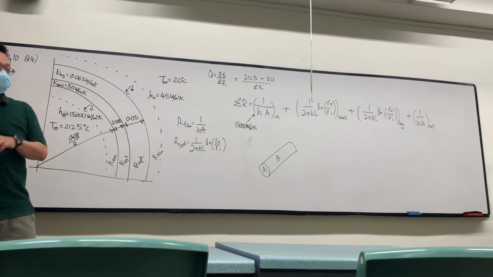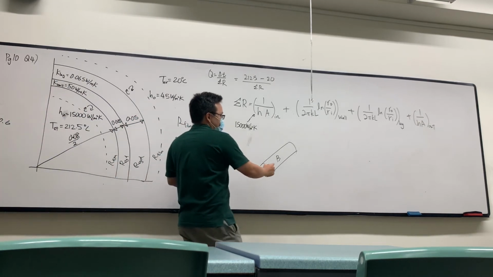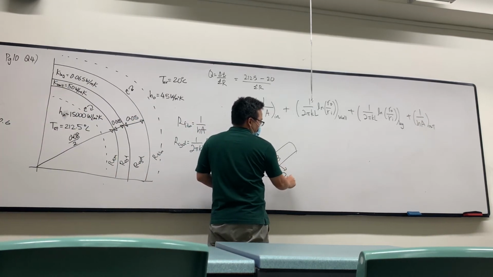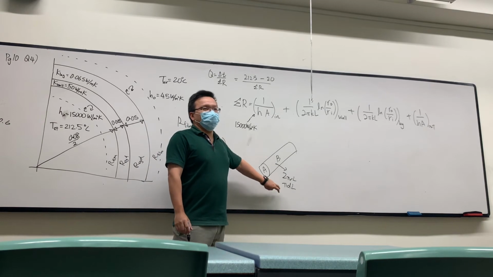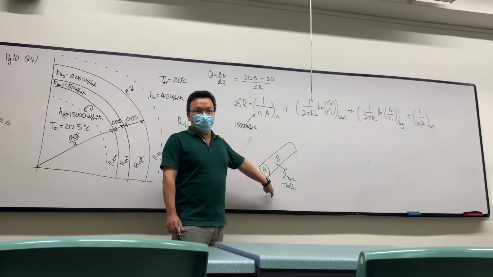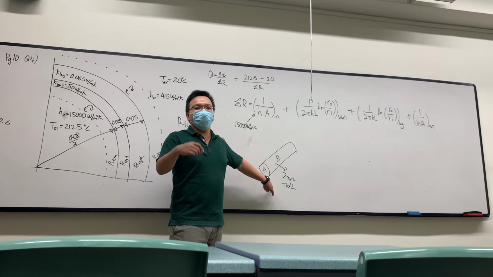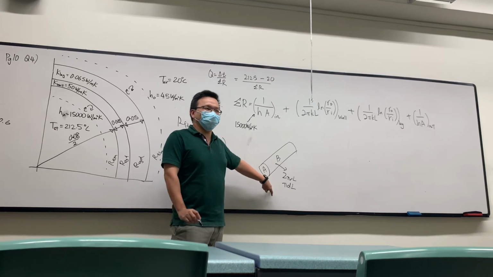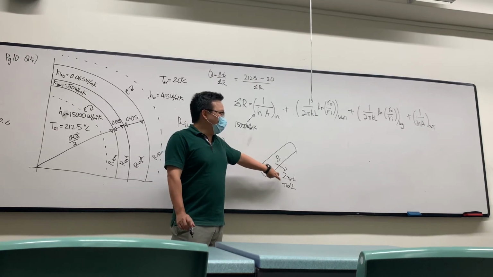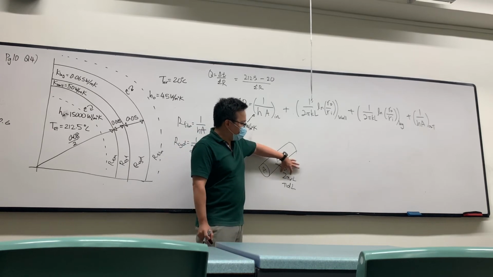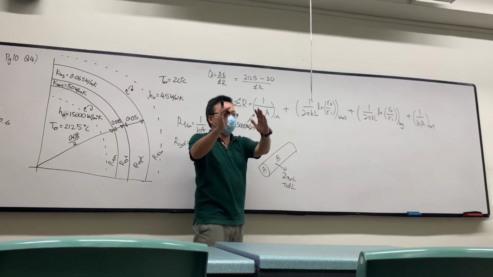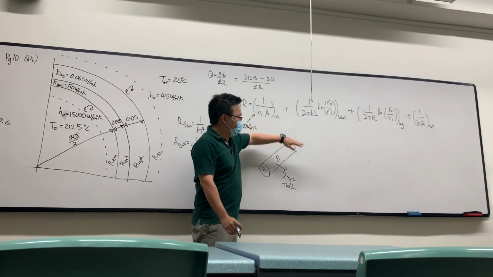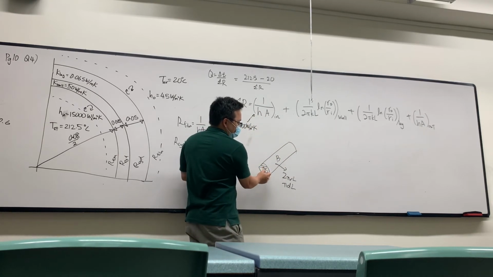So how to calculate? 2 pi RL or? You learned this in primary school, and you've forgotten already. 2 pi R is your circumference, then you multiply by L to get your area. Correct? How to calculate this?